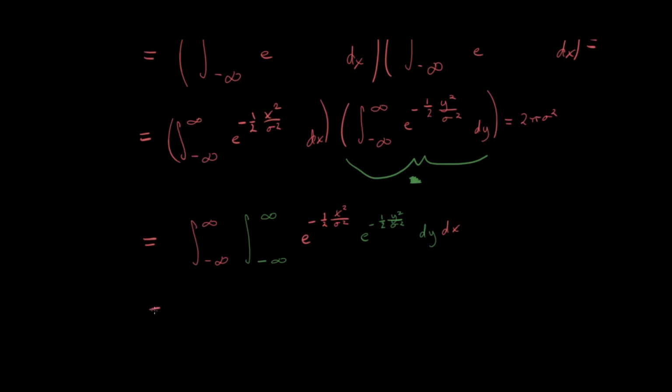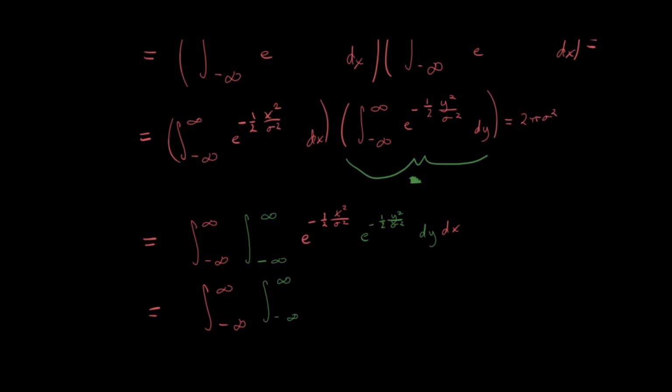So this is equal to the integral from minus infinity to infinity times the integral from minus infinity to infinity. And when you multiply two exponents, it's the same thing as adding them.